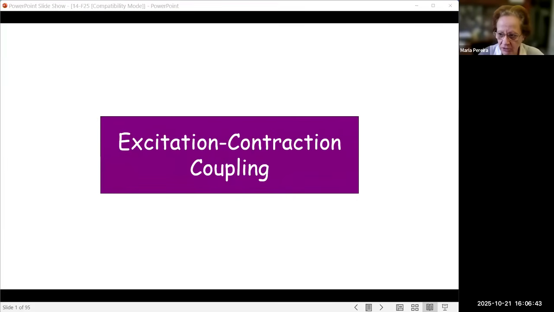We get excitation from the muscle fiber, right? This electrical signal that goes down the axon reaches the axon terminal. Then you have the release of acetylcholine, the neurotransmitter, that diffuses across the synaptic cleft, binds to its receptor on the muscle fiber, the muscle end plate, and then what happens next?